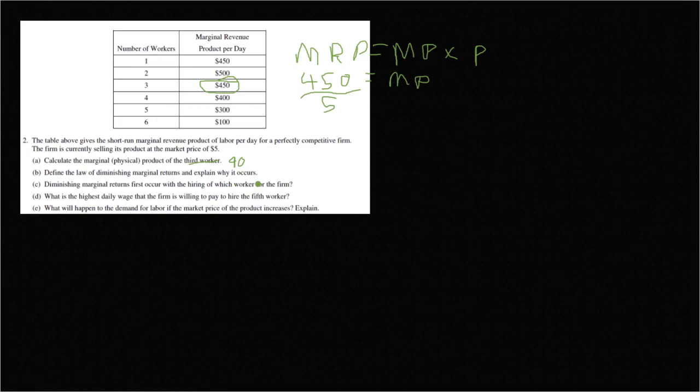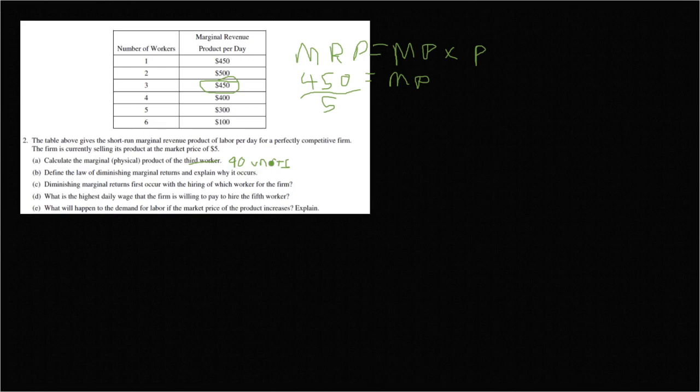The table does not say what the output is, just 90 units of whatever the output is. So 90 units, just to make sure they know I know my units.